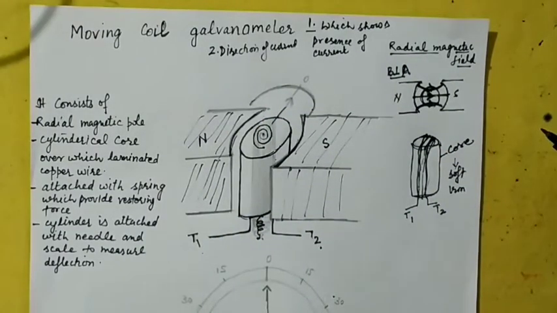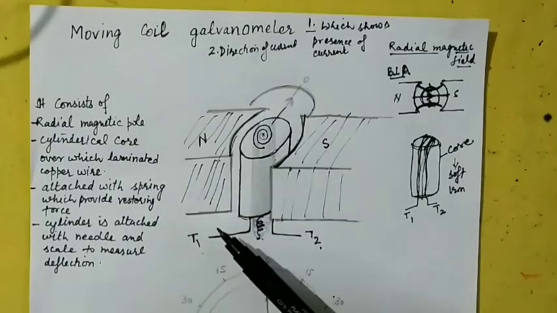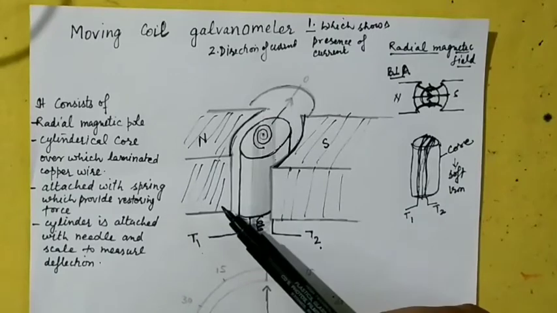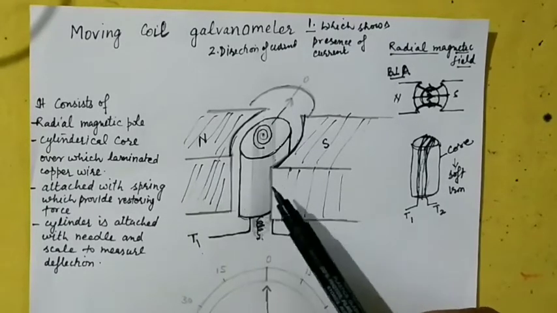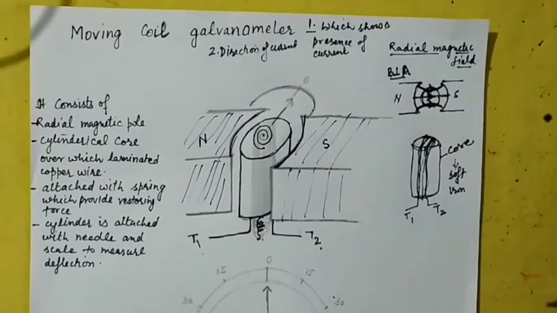This core is used to enhance the magnetic field between the poles, because when it is placed between the poles, it also gets magnetized, so it enhances the magnetic field.